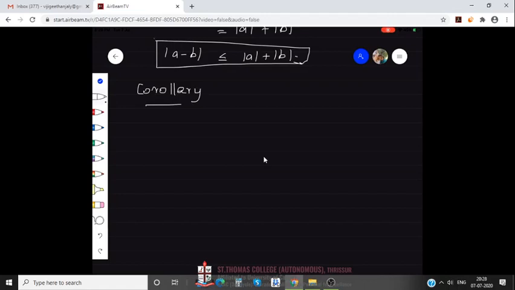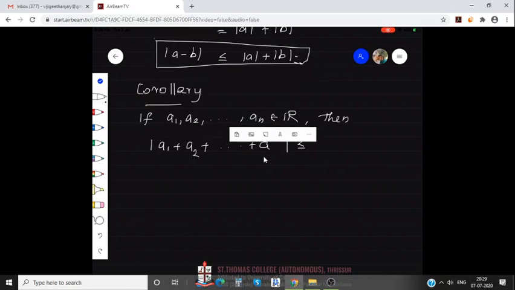It says that if a1, a2, etc. an are all real numbers, then the absolute value of a1 plus a2 plus etc. plus an is less than or equal to the absolute value of a1 plus the absolute value of a2 plus etc. plus the absolute value of an.